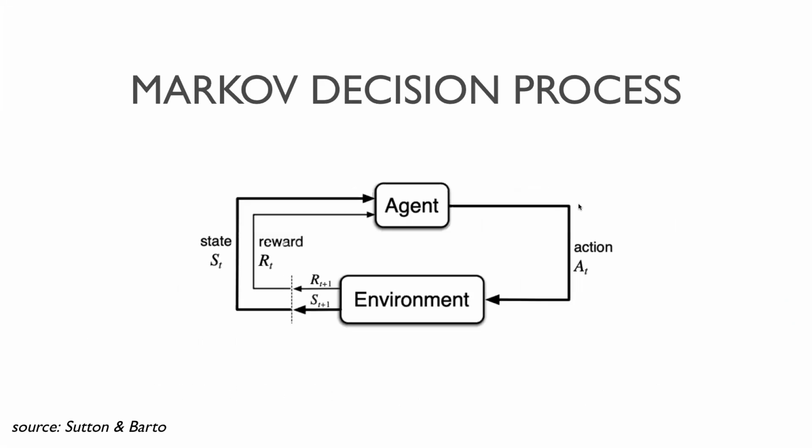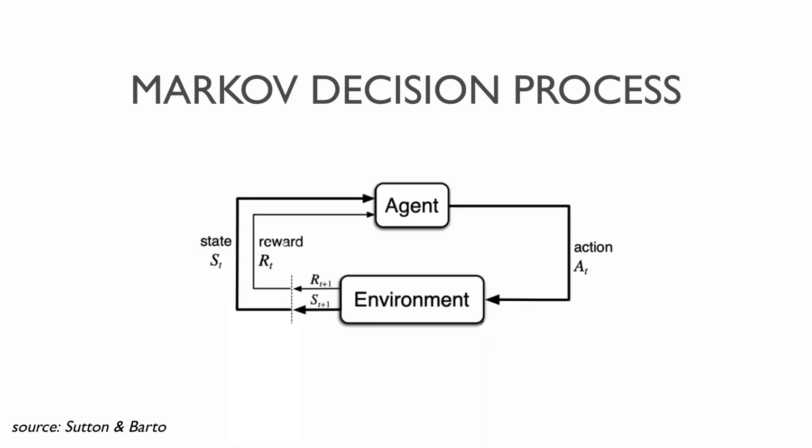Okay, so let's start with Markov decision processes. The key difference between reinforcement learning and other paradigms in machine learning is the sequential nature of the problem. When we talk about reinforcement learning, we typically focus on solutions to finite Markov decision processes, or MDPs.